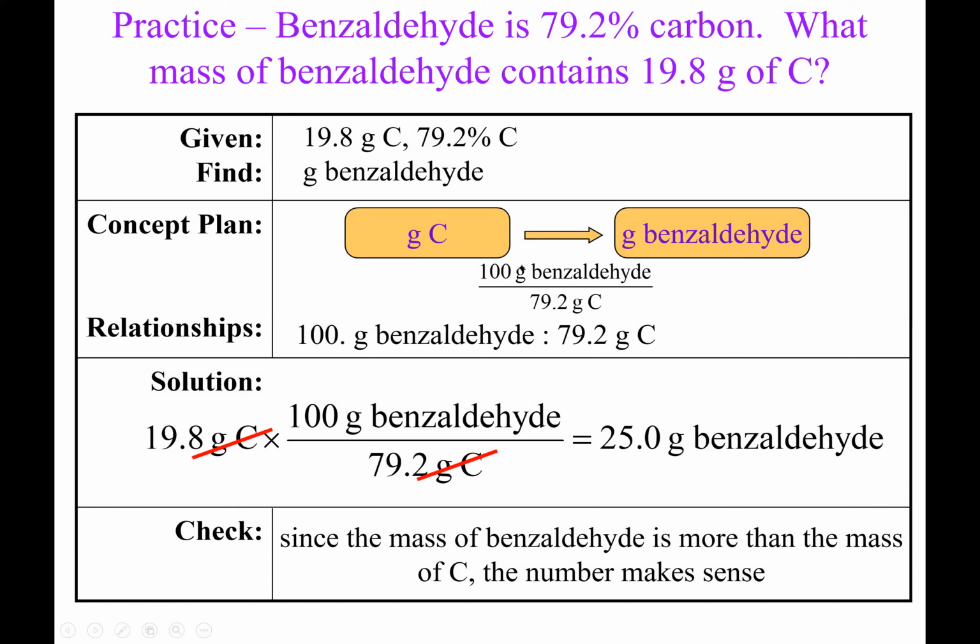Okay, see, you don't basically have to have the formula, whatever the formula is. If you have 100 grams of that, when they say percent of carbon is 79.2% carbon, in every 100 grams of benzaldehyde you have 79.2 grams of carbon. If you say 10% alcohol, it means every 100 grams contains 10 grams of alcohol.